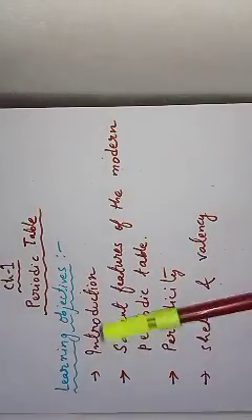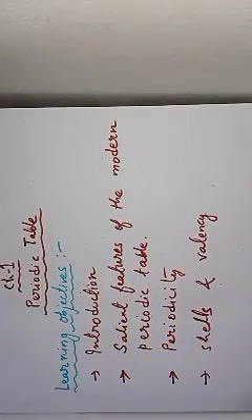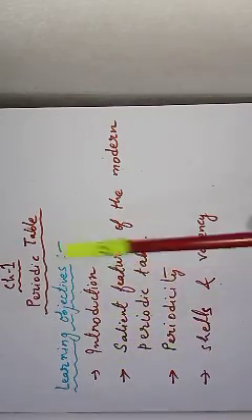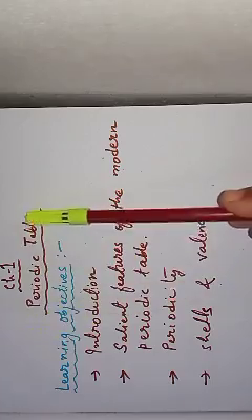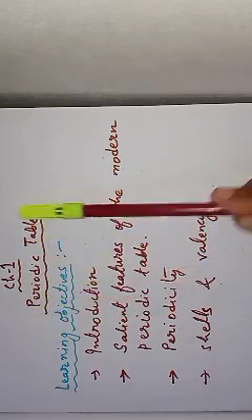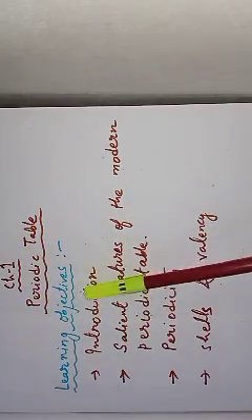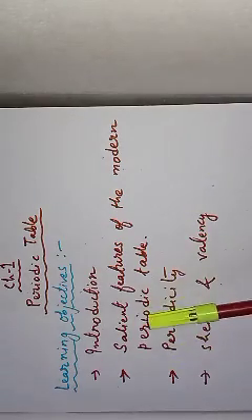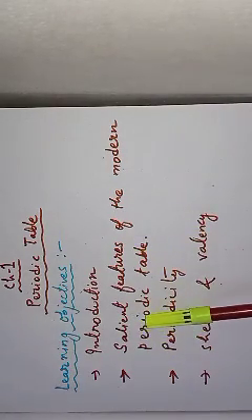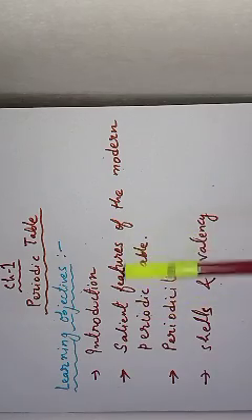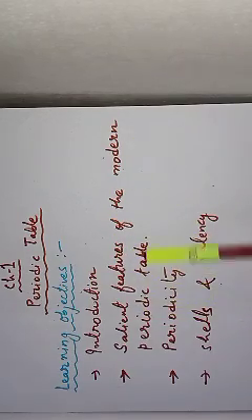So, what are the learning objectives of today's class? Today, we are going to have a brief introduction of the chapter itself, that is, what is the chapter about, and why we need this chapter, and a brief history about the chapter. Then we will be going through the salient features, that is, the most important features, functions of the modern periodic table.